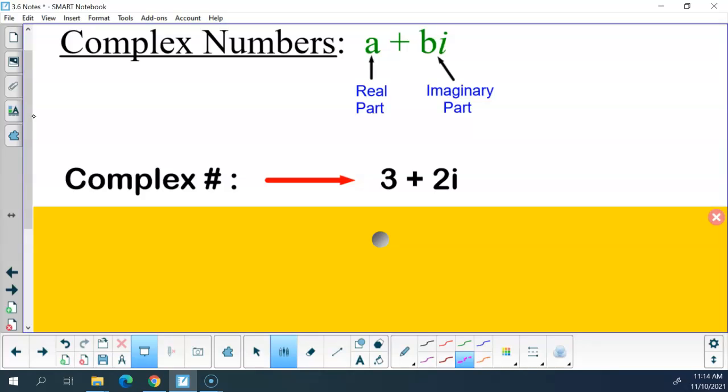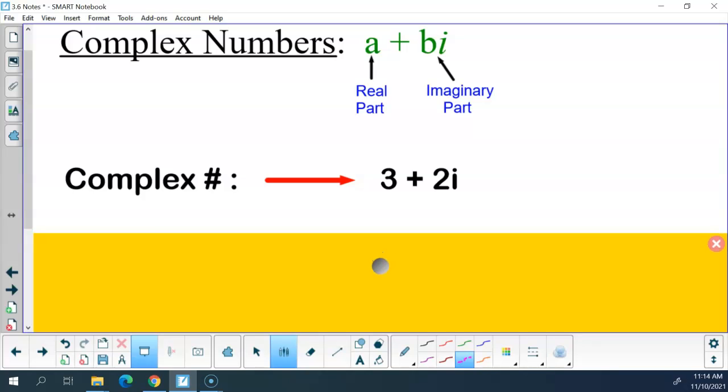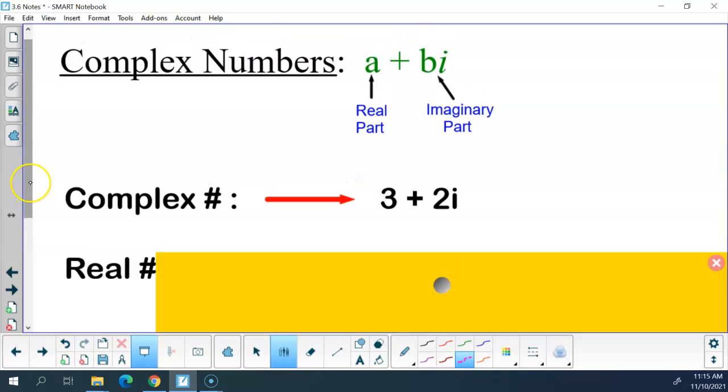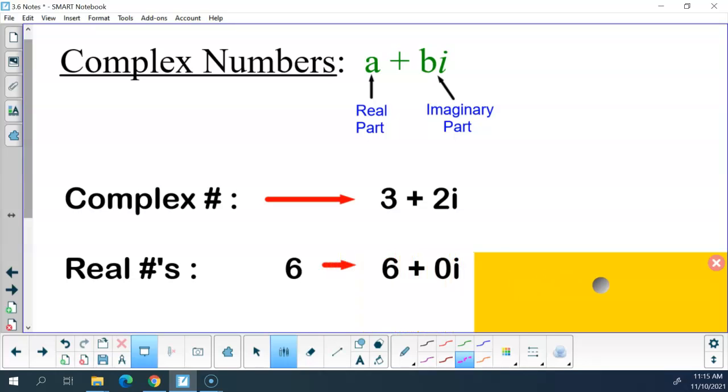But I can make that be any number. So like I could say here, for the real number, like 6. Okay? I can write 6 as a complex number by saying that that's 6 plus 0i.